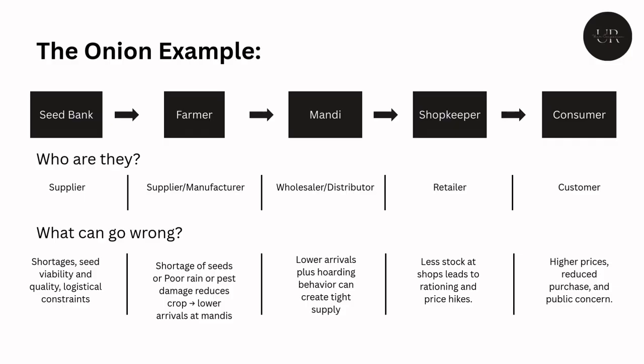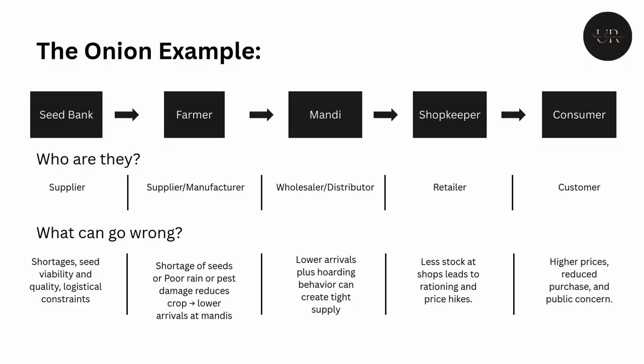And due to these lower arrivals at the mandi, plus you might know there is hoarding behavior from the mandi, which can tighten the supply of onion even more. Eventually the retailer, who is a shopkeeper, might receive less stock of onion, and hence it will lead to rationing and price hikes.